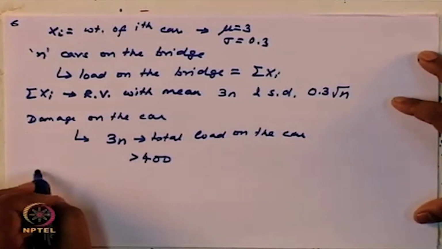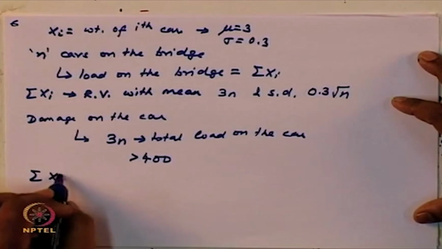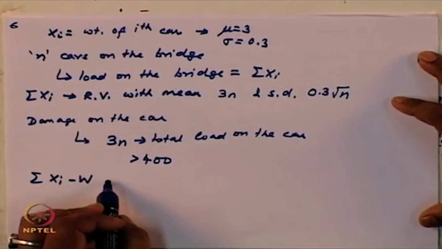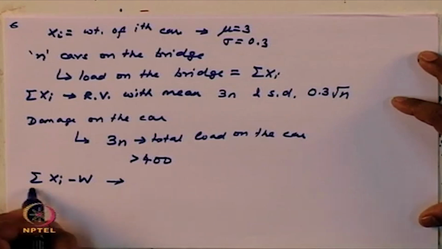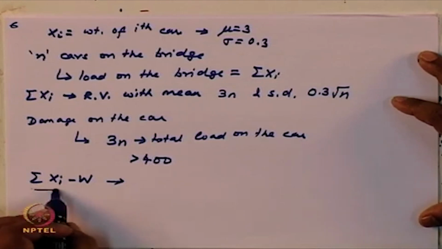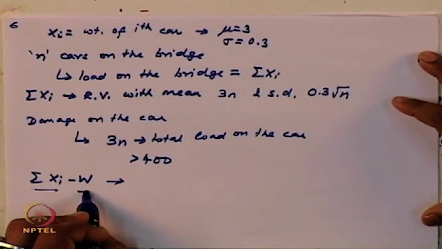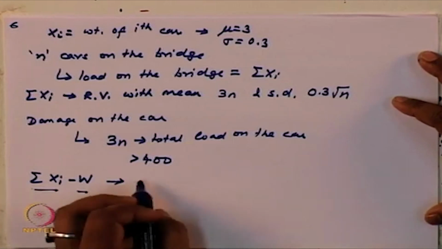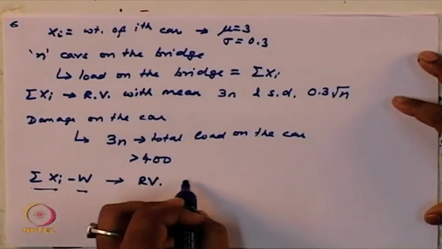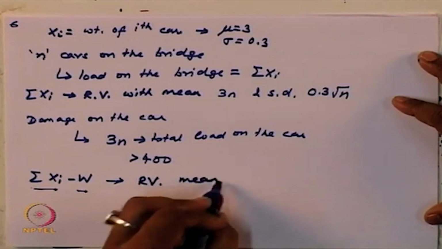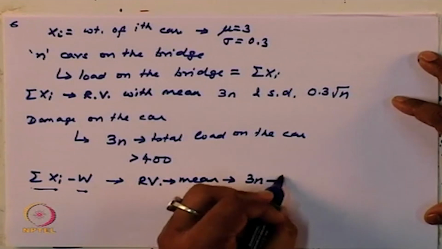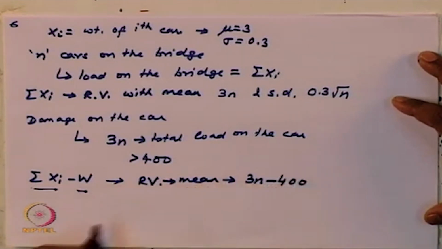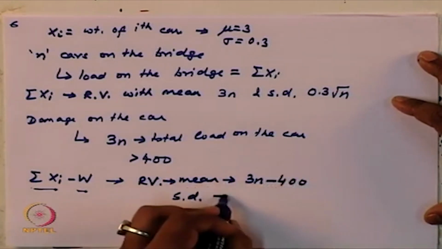Okay. So, summation xi minus w is the effective weight mismatch between the weight of the cars on the bridge and the weight that can be withstood, a random variable with mean 3n minus 400, and a standard deviation.